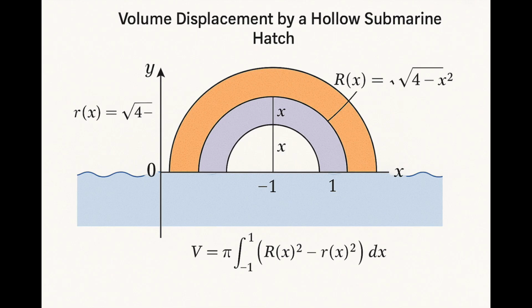Right here, I just included a photo diagram of the volume displacement by the hollow submarine hatch. It's on an X and Y graph with the integrals from -1 to 1, the equation on the bottom, and the inner and outer rings forming the washer-shaped shape.